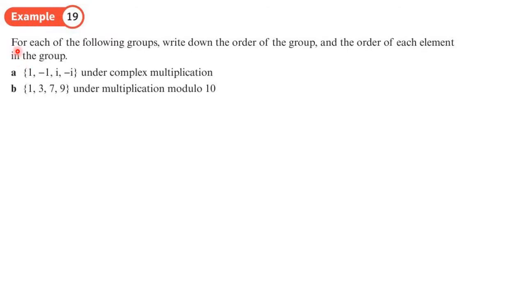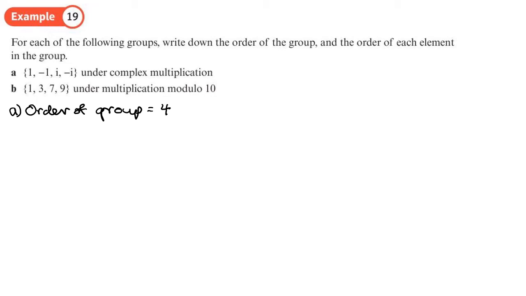Okay, so here it says, for each of the following groups, write down the order of the group and the order of each element in the group. So let's start with A. So the order of the group is easy. That's just the number of elements in the group. So that's 4. Order of group equals 4.